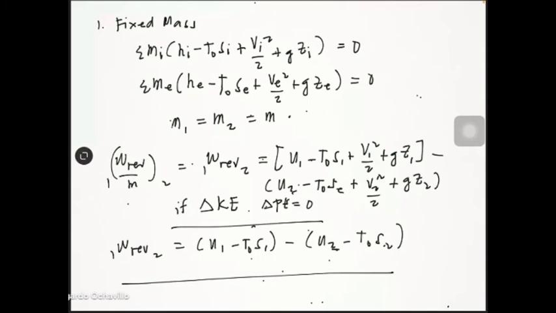Work reversible here over m is from 1 to 2. This is work reversible. This is Hi minus To Si plus Vi squared over 2 plus Gzi.